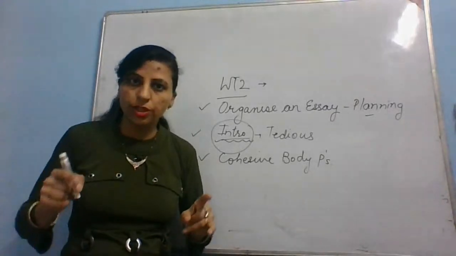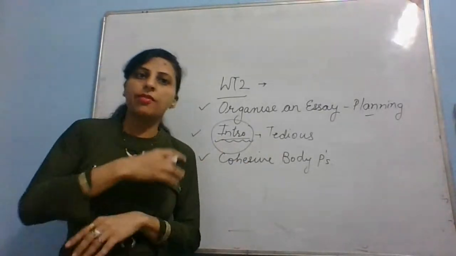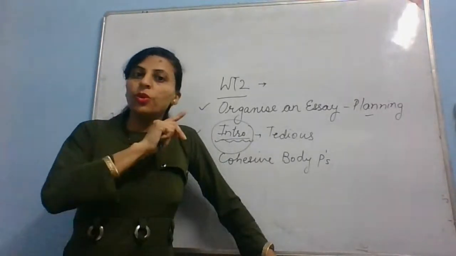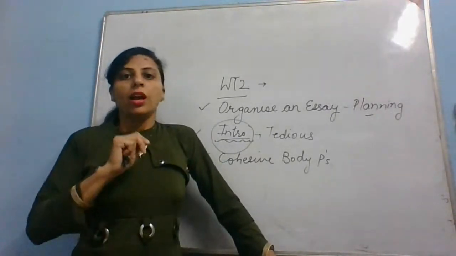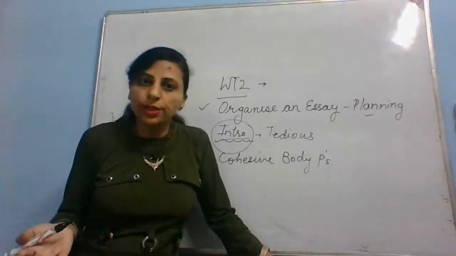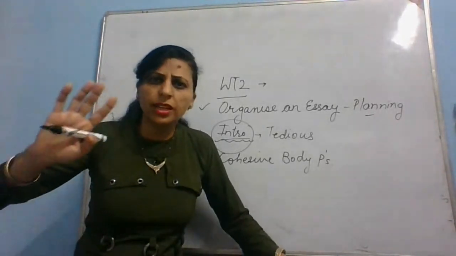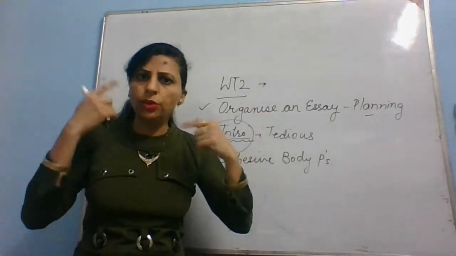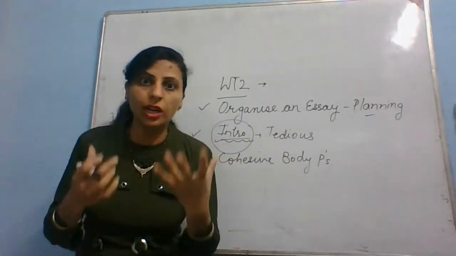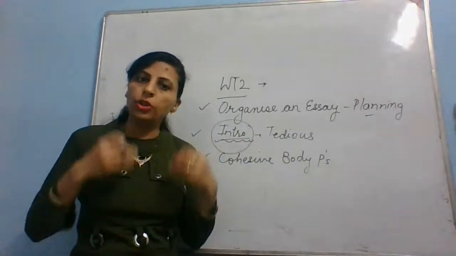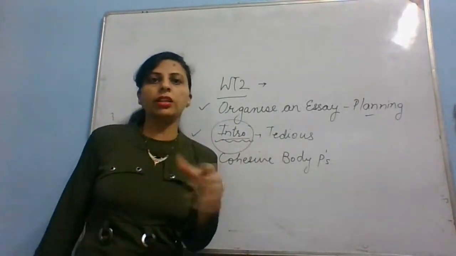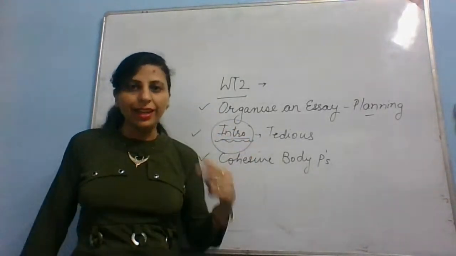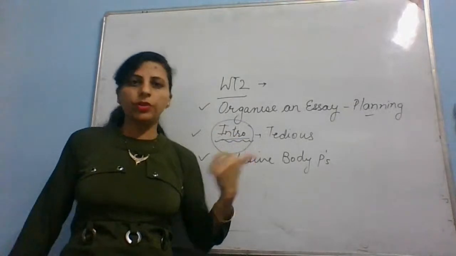You must not use "for example" or "for instance," because every other student is using them. Second, "on the other hand," you cannot use this as well, because every other student is using it, and then the examiner has an idea: okay, you have crammed, you have rote learned these words, and now you are just using them. You don't have anything of your own, you don't have your own vocabulary, you have just learned everything and now you're writing it here.